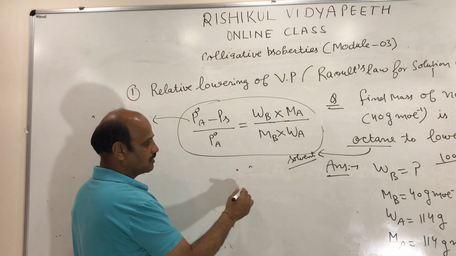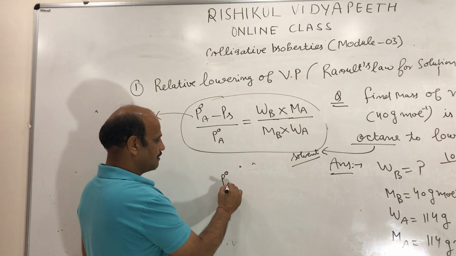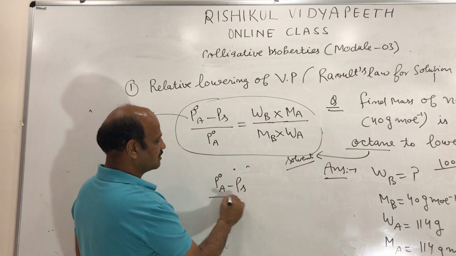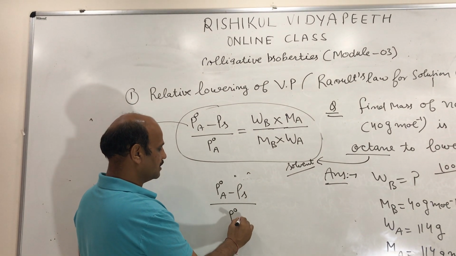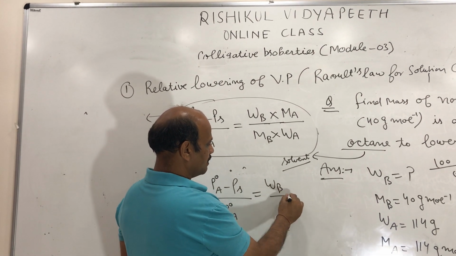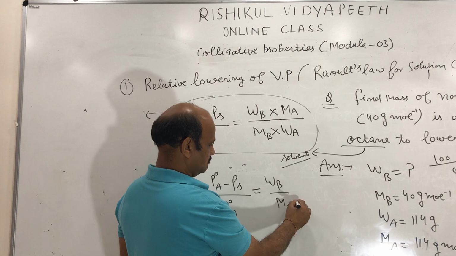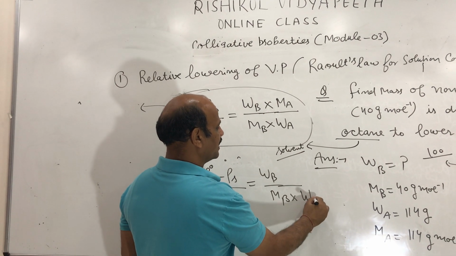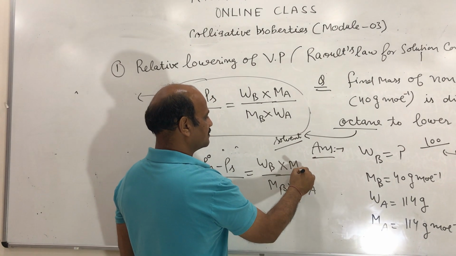So what is the formula? (P°A − PS)/P°A equal to WB/MB upon WA/MA.